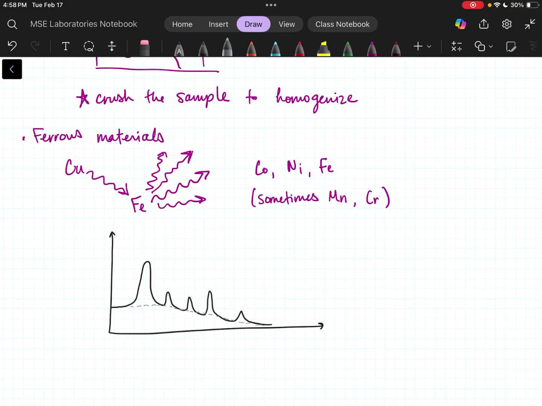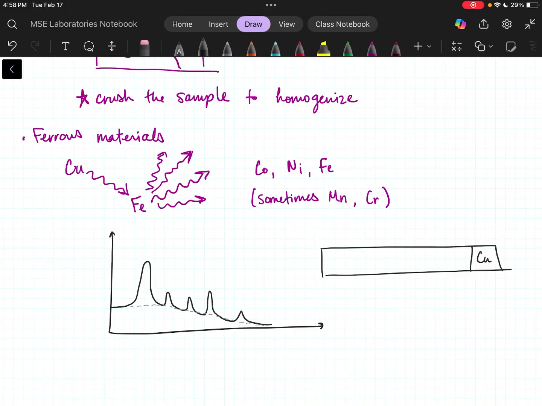But I end up with this background line that isn't flat and is sort of sloping. Just like with the amorphous or the semi-amorphous material, it makes it a little harder to tell where a peak starts and ends. Also, I don't want something just emitting X-rays everywhere. That makes my signal just noisy and crappy.